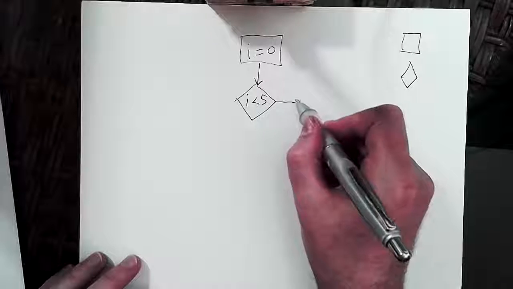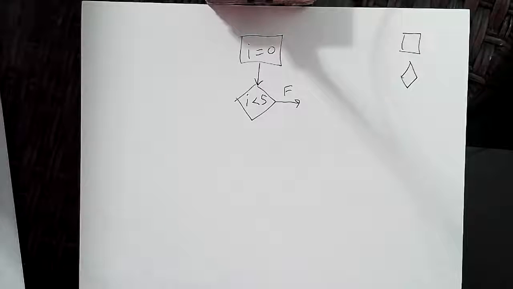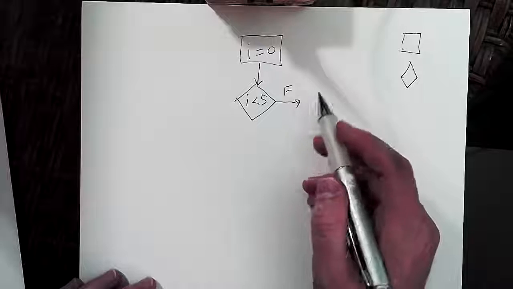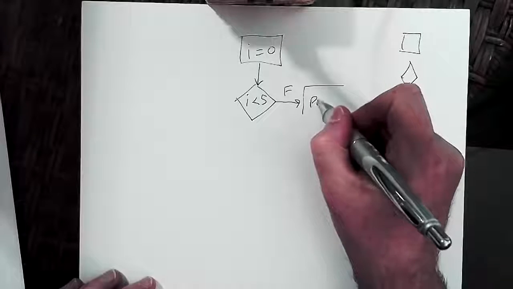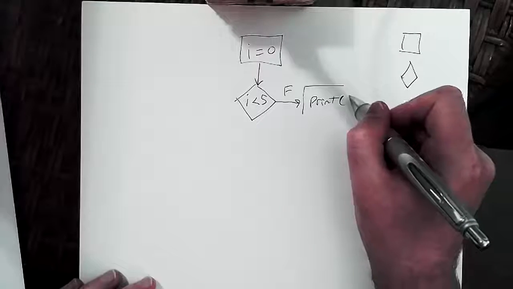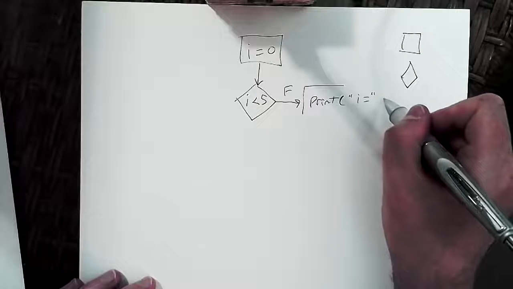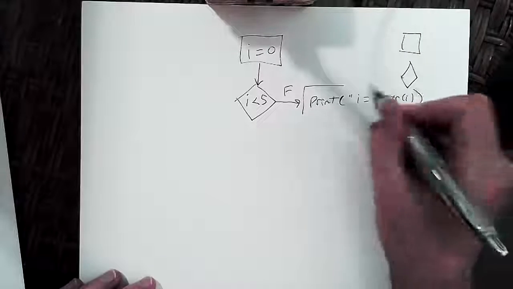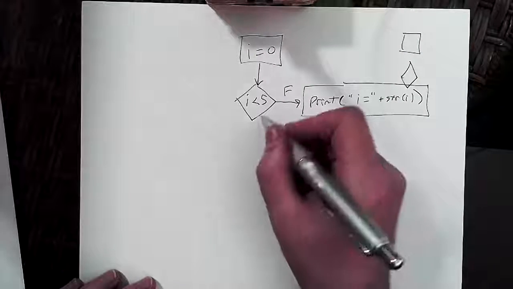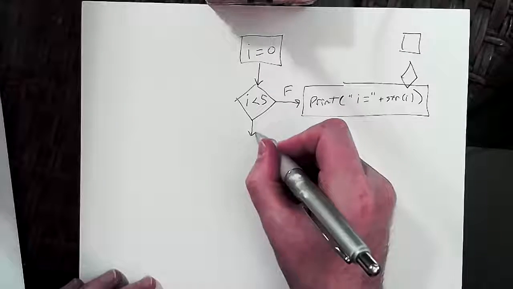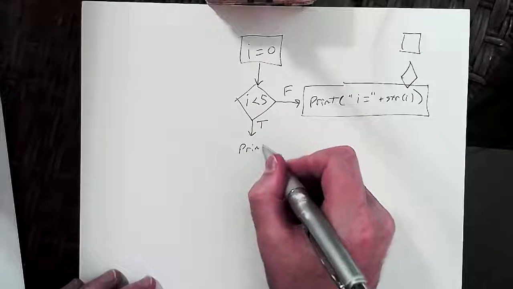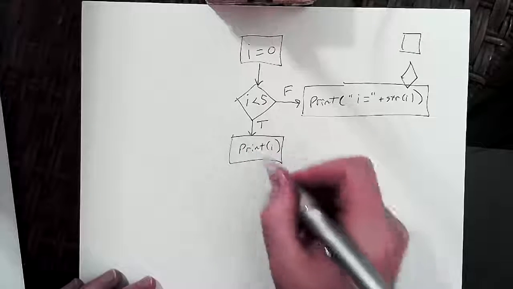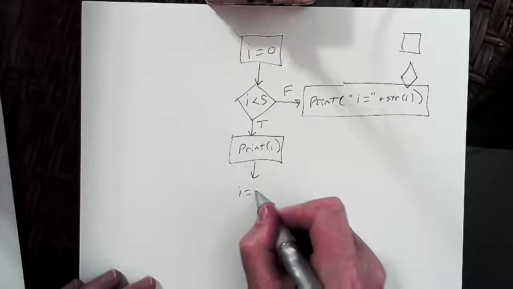And if it's not, if that statement is false, then we go over here and we print I equals I. But if the statement is true, then we print I. And we make I equal to I plus 1.